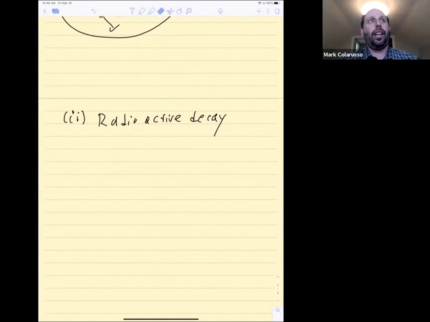A long half-life is really bad, because that radioactive element is going to be present in the environment for a long time and emit radiation that's harmful to us, to animals, to the flora and fauna.